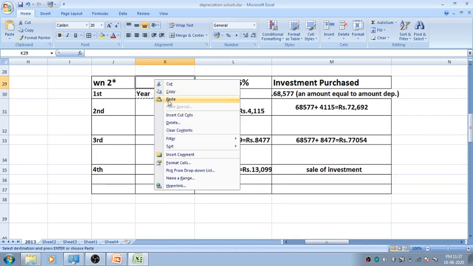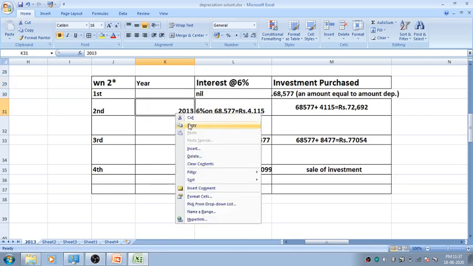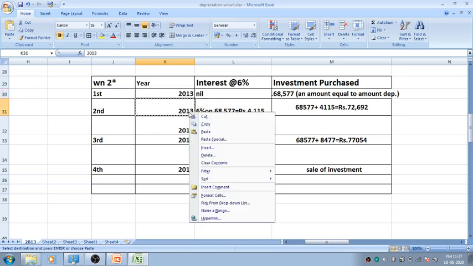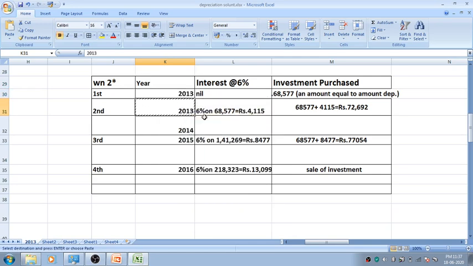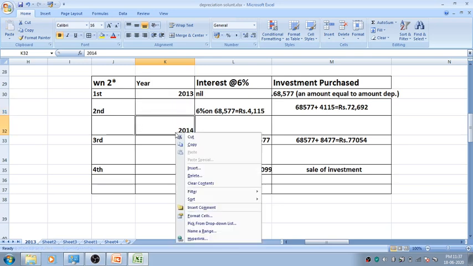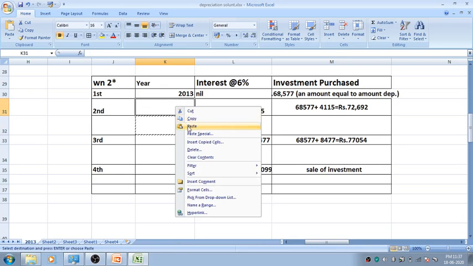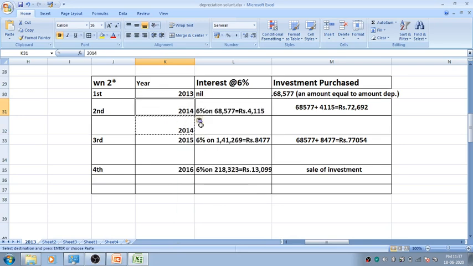In 2013 the entries are being passed. In 2014, the entries are recorded on interest, that is 4,115, and depreciation.